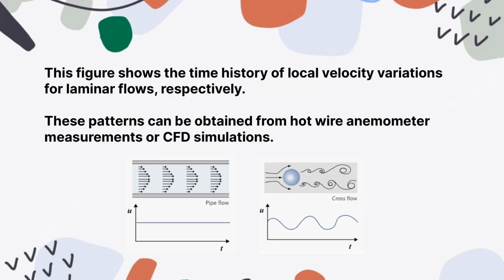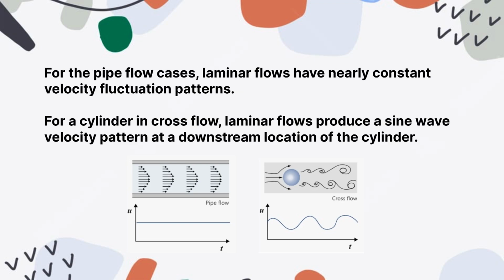This figure shows the time history of local velocity variations for laminar flows. This pattern can be obtained from hot wire anemometer measurements or CFD simulation. For the pipe flow case, laminar flows have nearly constant velocity fluctuation patterns, but for a cylinder in cross flow, laminar flows produce a sine wave velocity pattern at a downstream location of the cylinder.